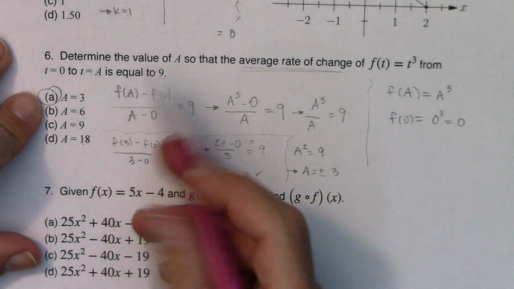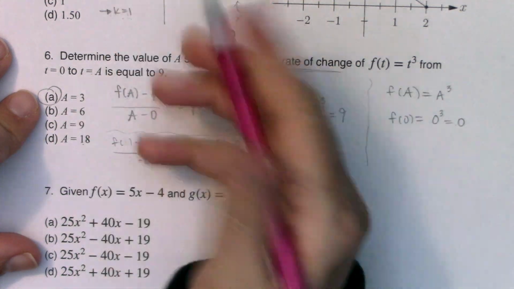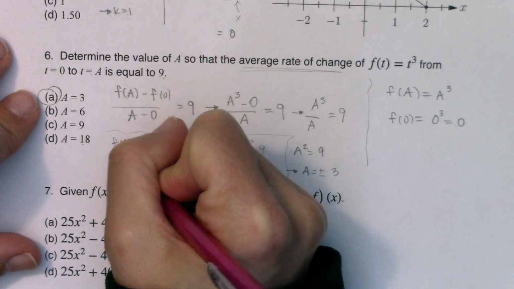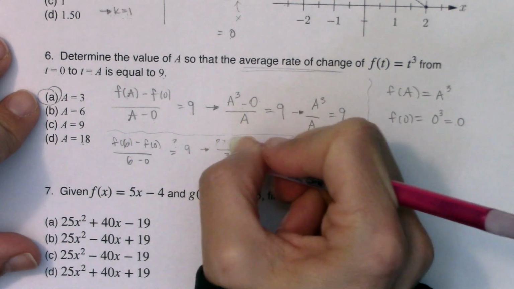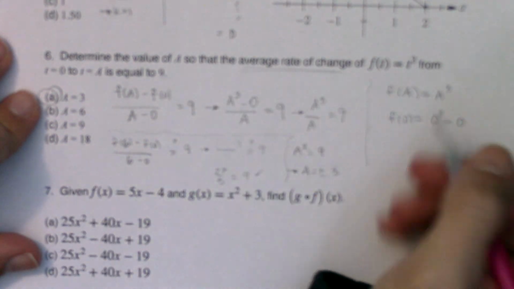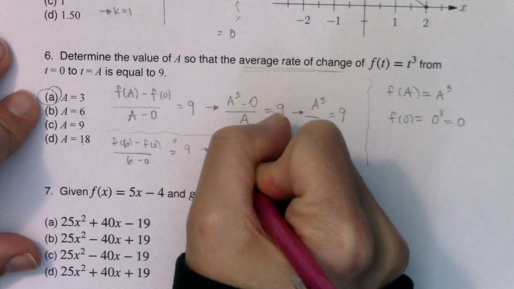And you could try it with a different number and see it didn't work. Let me just show you a counterexample. Let's say this was f of 6, all right? If we tried f of 6 and said, is that equal to 9, things change a little bit. So if I do f of 6, well, just trust me that 6 cubed is 216, right?